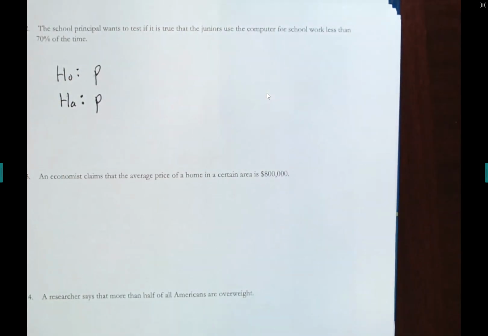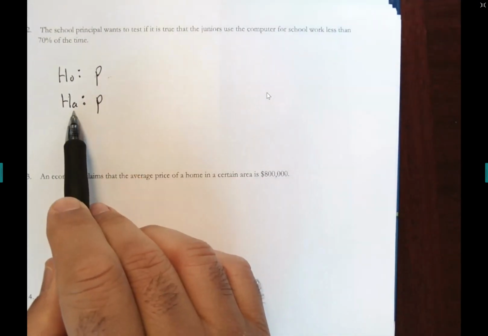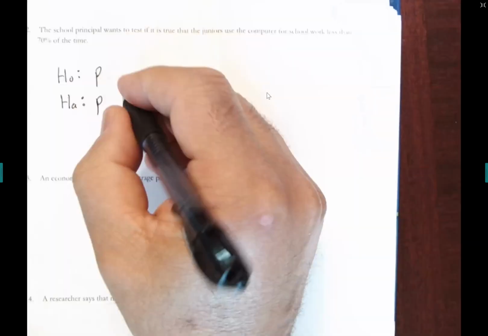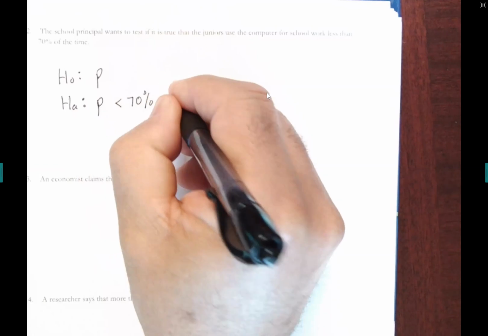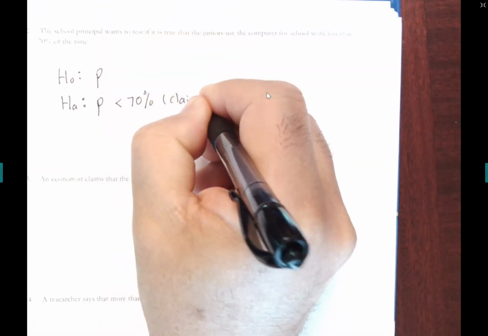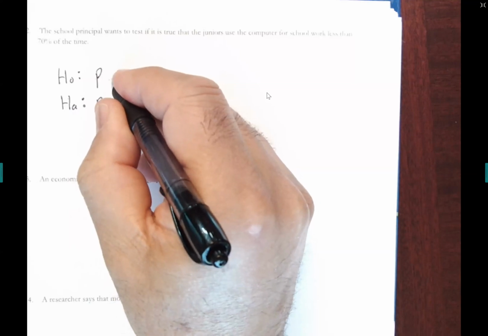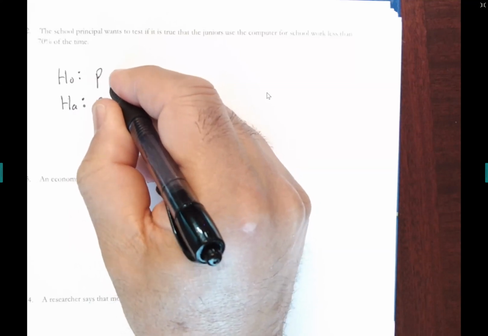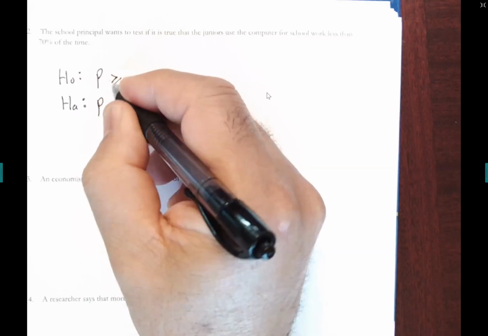Since he says less than 70%, you cannot put the less than 70% in H0, because the less than should be in the alternative. So it turns out to be in the alternative. This is the claim. And can you guys tell me what would be the null hypothesis? Greater than or equal to. Yes, greater than or equal to.